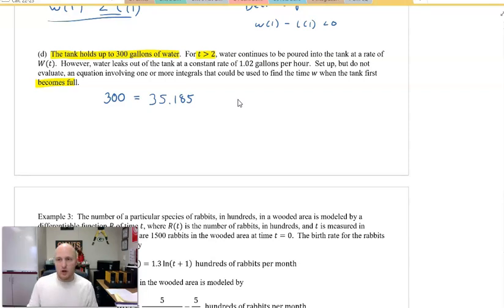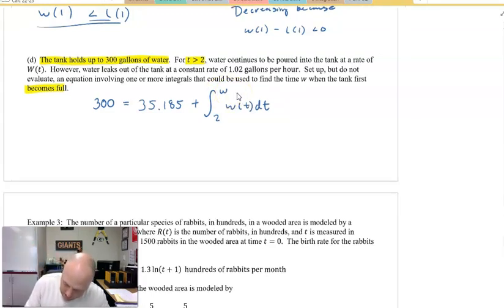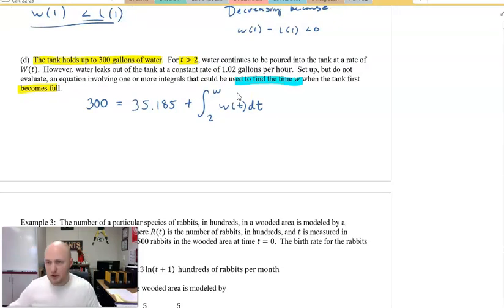And what I'm doing to this tank is adding water, the integral from 2 to W of W of t dt. Now, why did I use W up here? Well, they want an integral that can be used to find the time W. So W is our time here. And so that's why I put a W there.